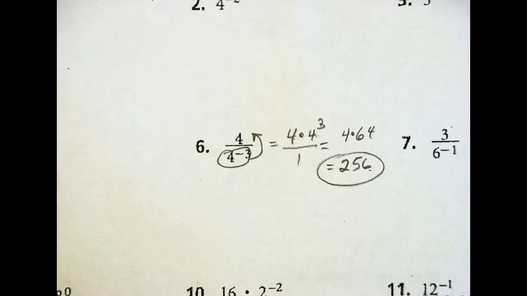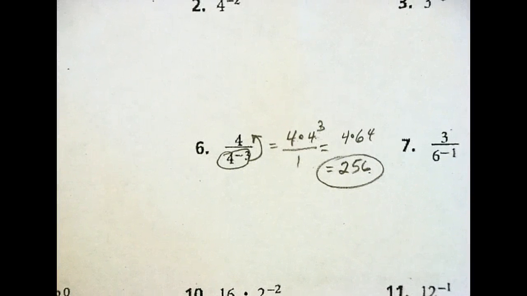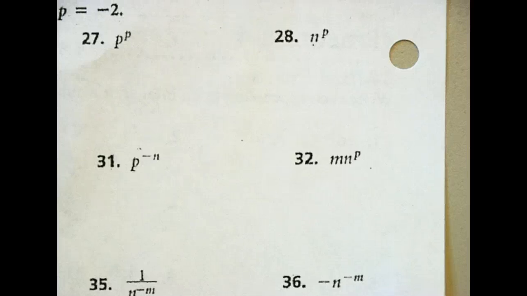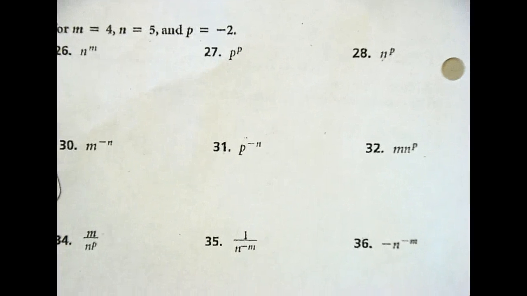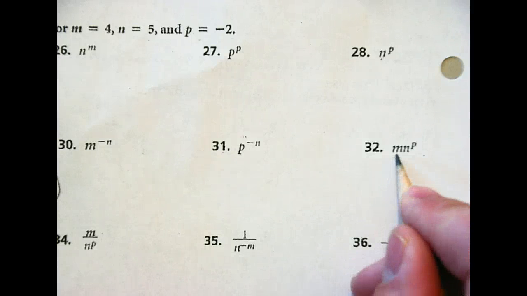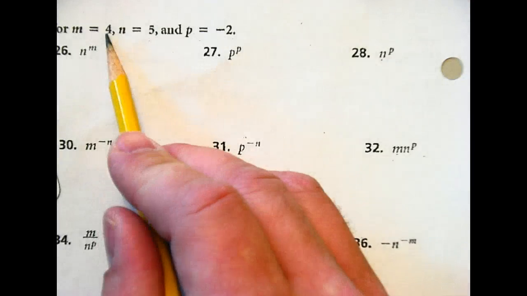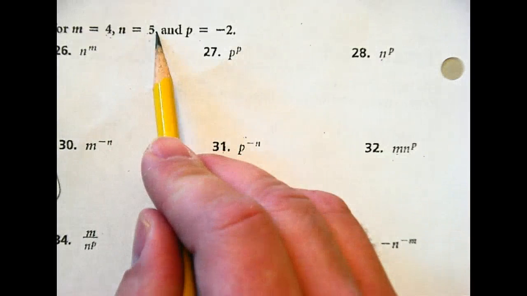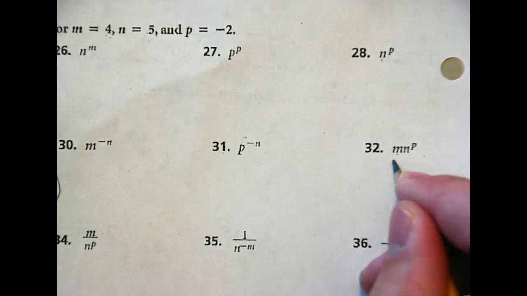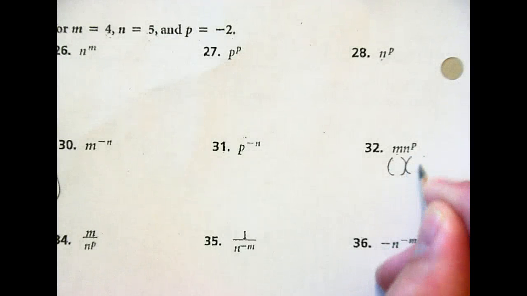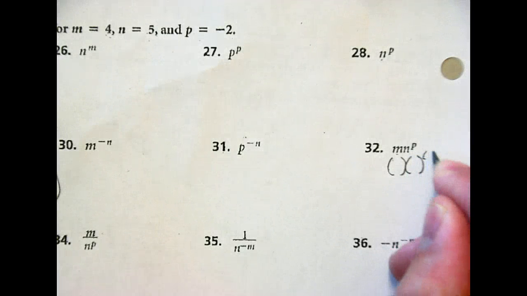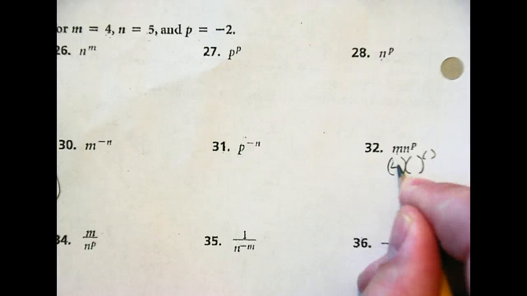Okay, that was one question that came up. The other question that came up was over here. If you take a look at 32 real quick. Okay, 32. The question was, this MN, when you put things together, does that mean 45 or is it 4 times 5? It's 4 times 5. And the way we want to think about that is put your parentheses first. So the M is 4, the N is 5.